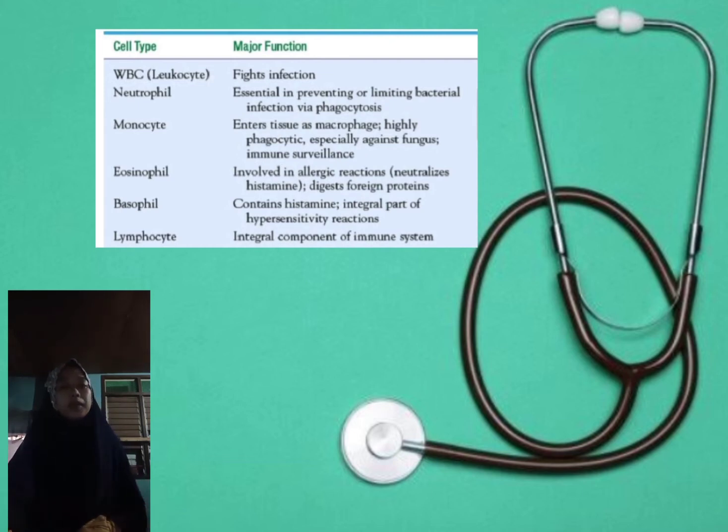The neutrophil is essential in preventing and limiting bacterial infection via phagocytosis because the neutrophil is the polymorphonuclear phagocytic leukocyte that comprises the first line of host immune response against invading pathogens. The monocyte enters tissues as a macrophage.